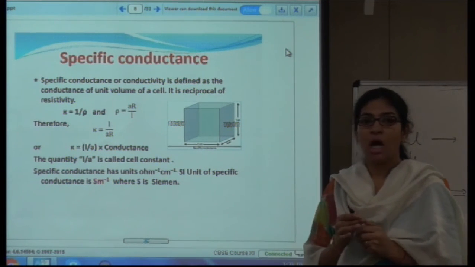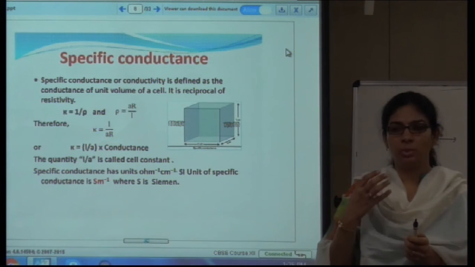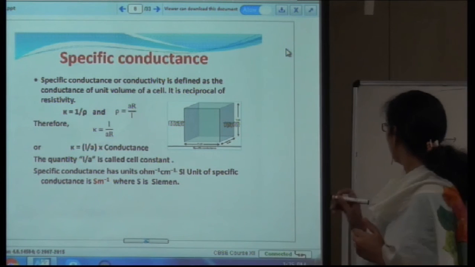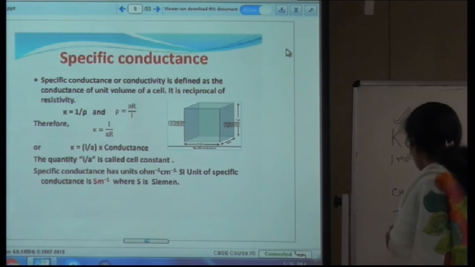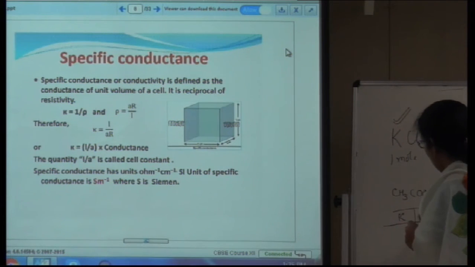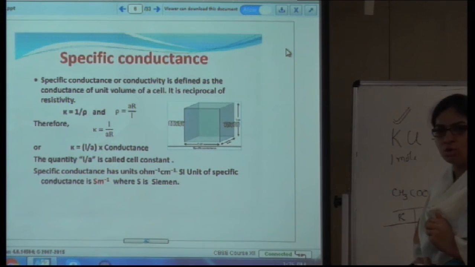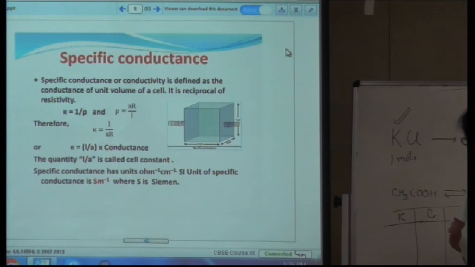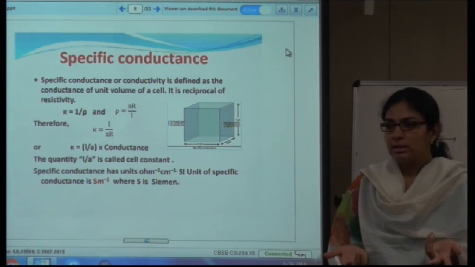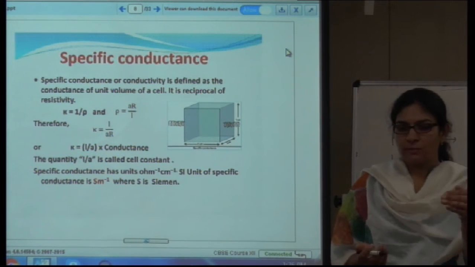So this is how experimentally we measure the cell constant. We make a table like this: kappa value is known, and then the C value you measure. From kappa and C you calculate L by A. Now if L by A is known to you, then it is not going to change if you change the solution.